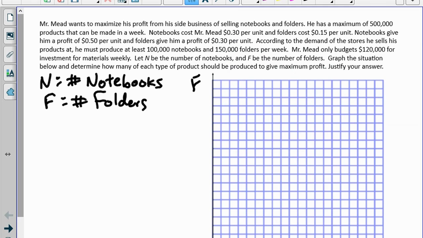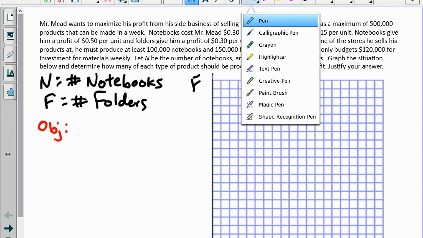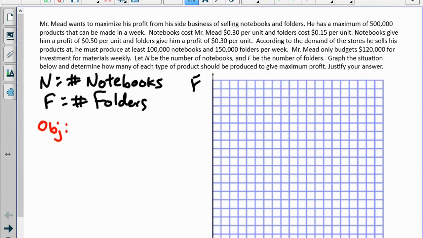The next thing we want to do is write our objective function. So we always want to write our objective function. It appears that we are trying to maximize profit, correct? So since we're trying to maximize the profit, we can look at things in here that are talking about profit.